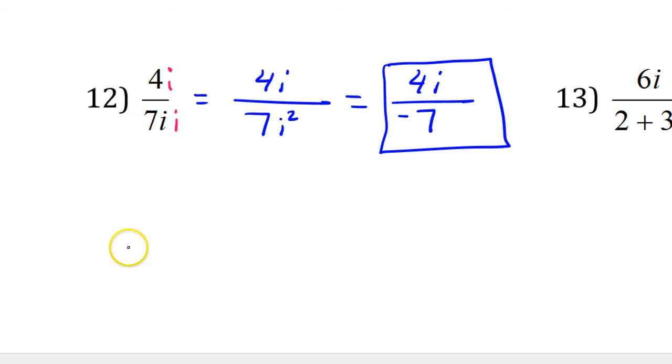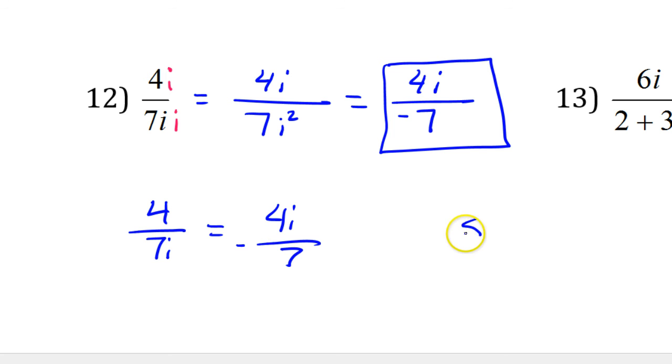So basically, look at it again. All that happened is we had 4 over 7i. All we really did was the i moved from the denominator to the numerator, and then it became negative. Okay, so that's like a shortcut for you.